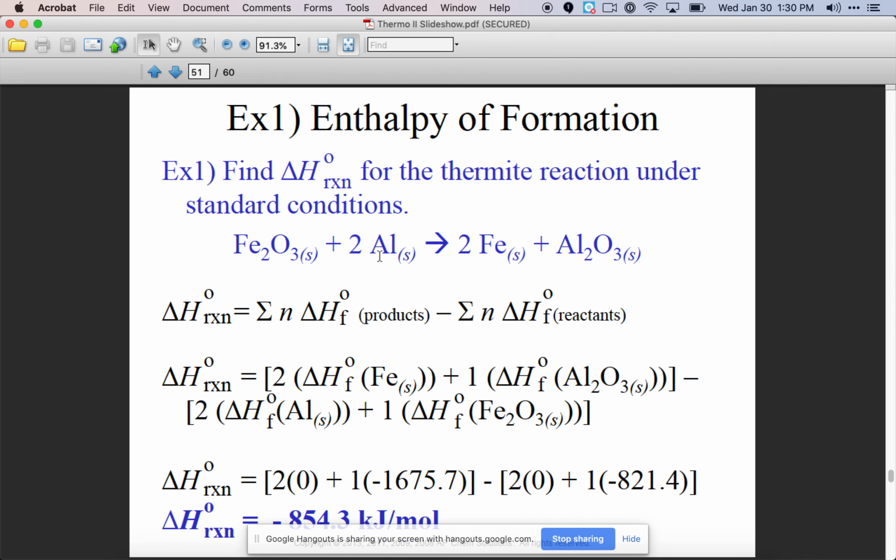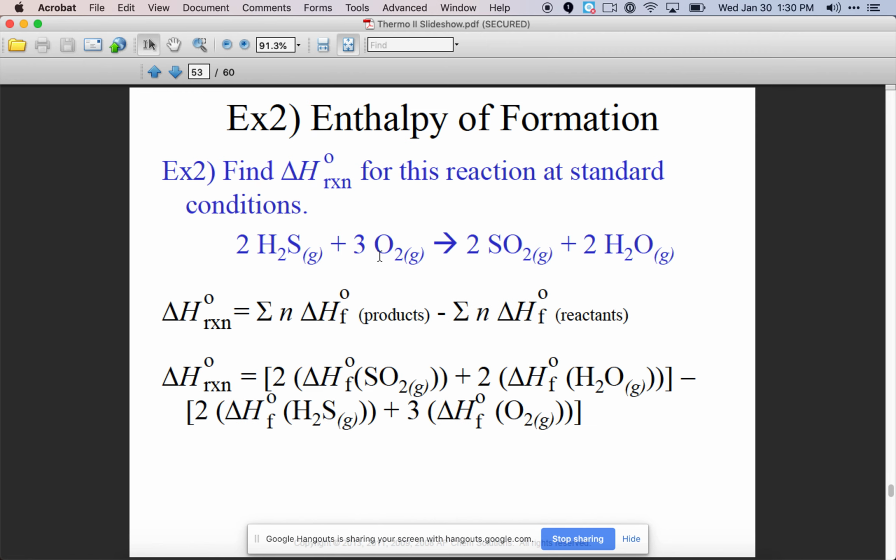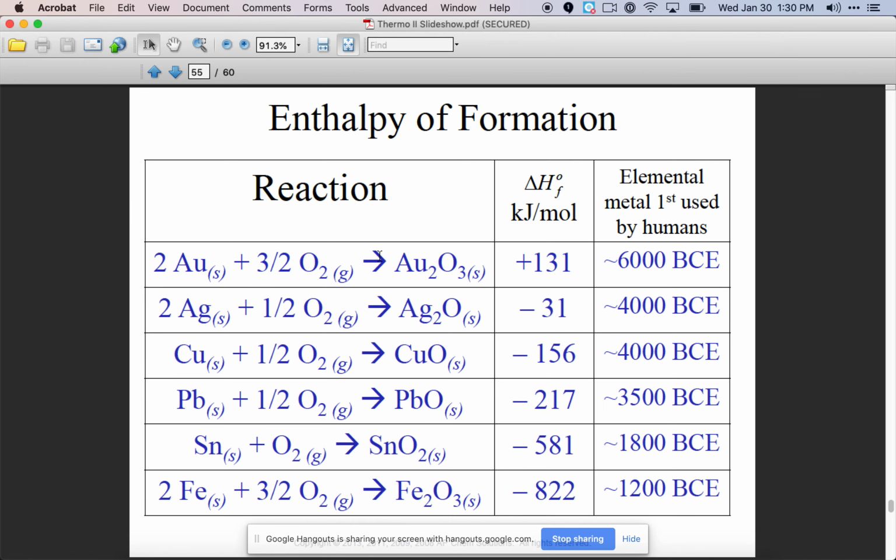You just need to subtract your reactants from your products, and they get a negative 854.3. Are we okay with this type of problem? Yes. Okay. All right, I'm moving on.